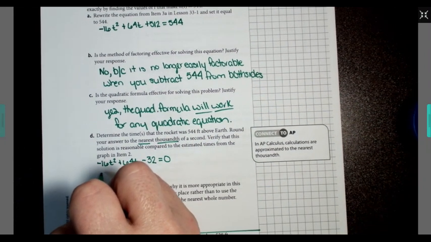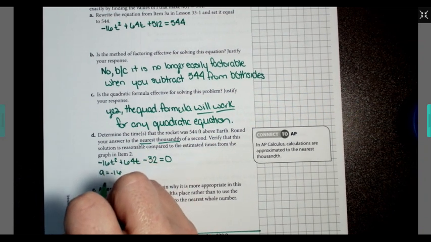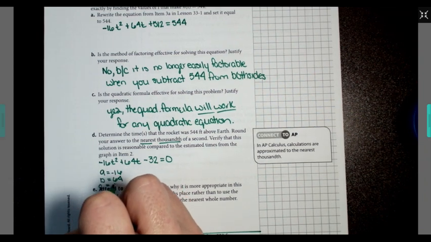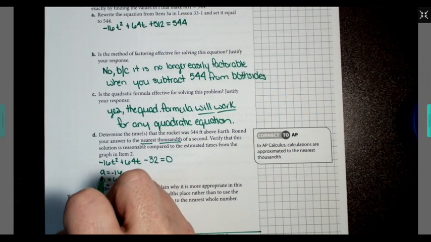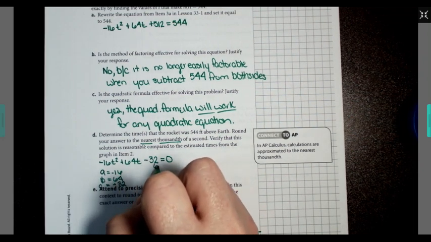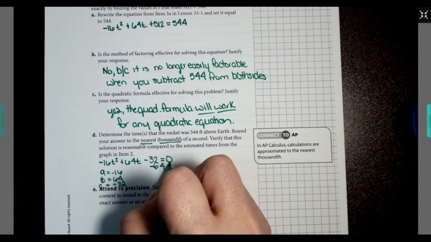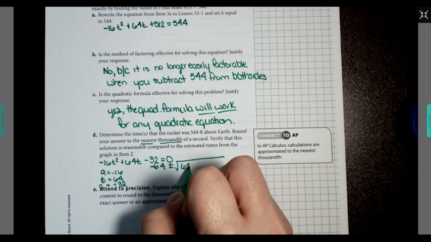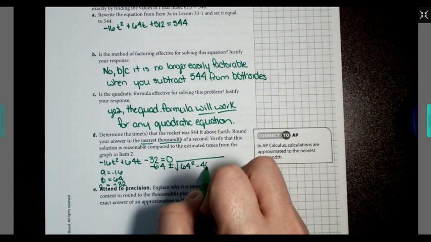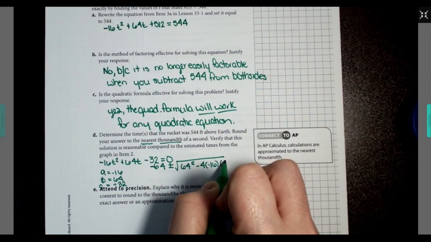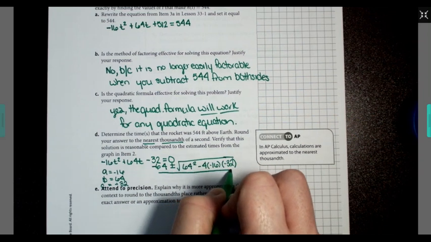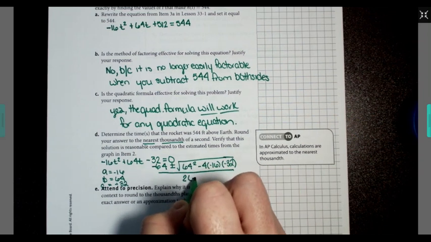So we've got A is negative 16, B is 64, and C is negative 32. So we've got negative 64 plus or minus the square root of 64 squared minus 4 times negative 16 times negative 32, all over 2 times negative 16.